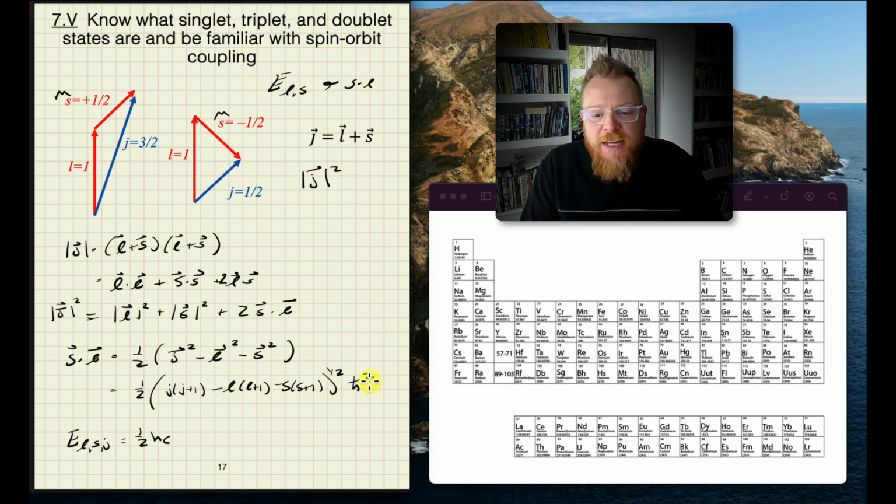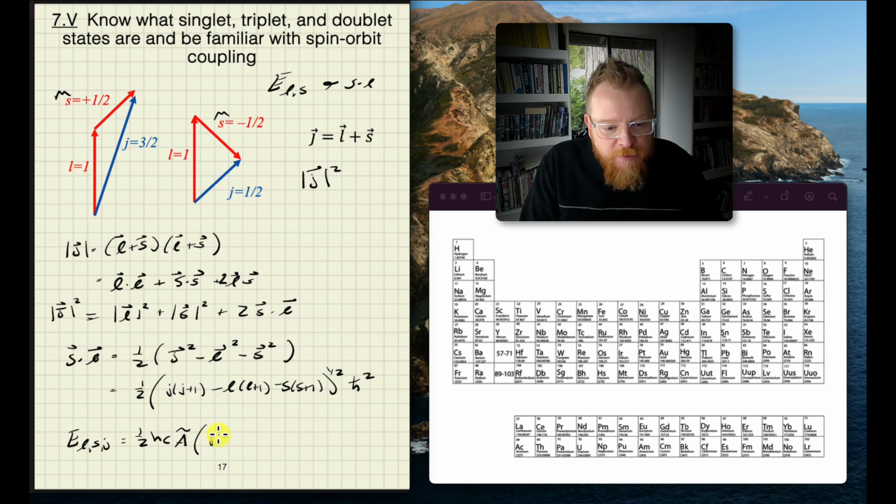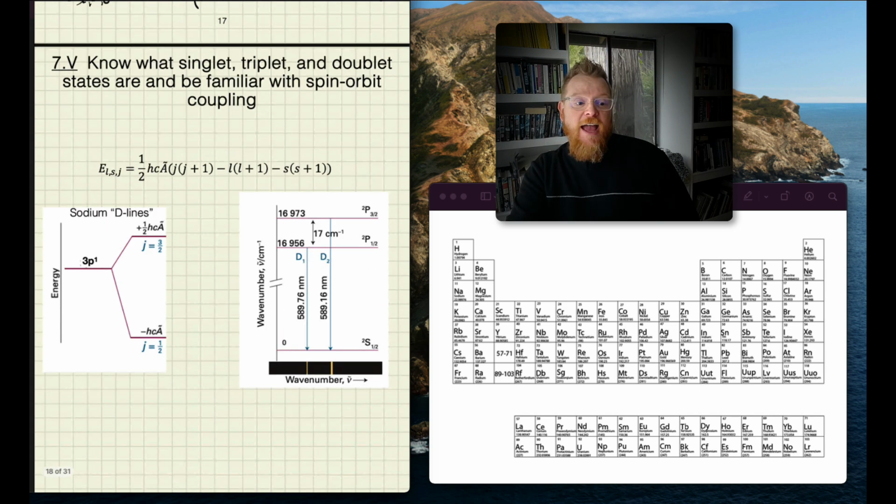And now I'm going to collect H bar squared and any other constant of proportionality we need and write it as A tilde, all times the vector magnitude quantities: J times J plus 1 minus L times L plus 1 minus S times S plus 1, all square root. So now this A term right here corresponds to our spin orbit coupling constant, which will be unique for each atom. Let's look at an example.